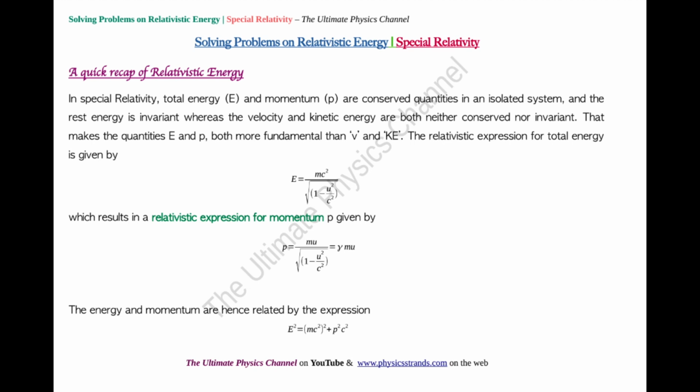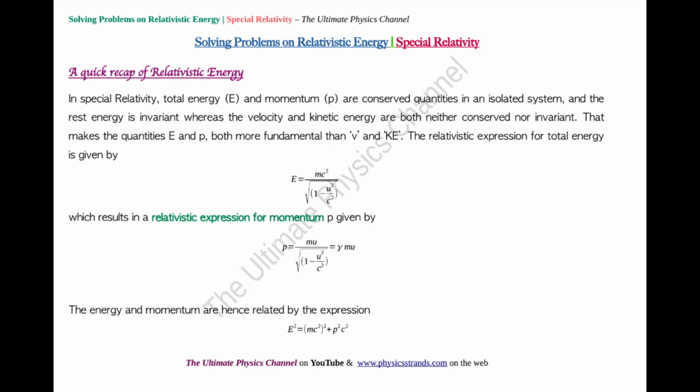The relativistic expression for total energy is given by E is equal to mc squared over square root of 1 minus u squared over c squared, where u is the velocity of the object itself and c is the speed of light. m is its so-called rest mass. This results in a relativistic expression for momentum as well, as we have already seen in another of our videos on relativistic momentum.